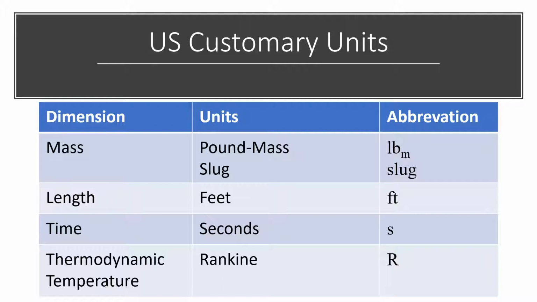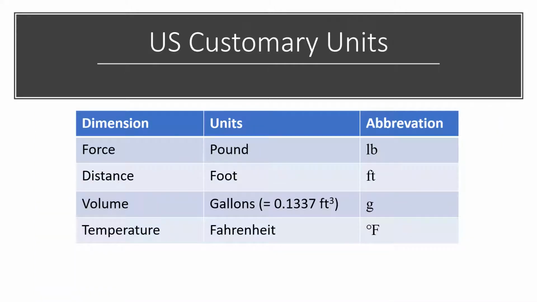All right, so what are the other U.S. customary units? Force, pounds, abbreviated LB; distance, foot, abbreviated FT. Plural of foot is not foots, it's feet. Volume, gallons, which would be equal to 0.1337 cubic feet.